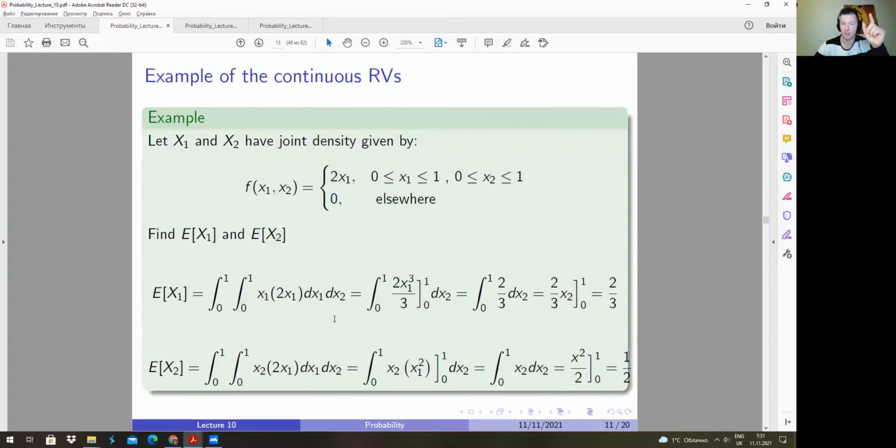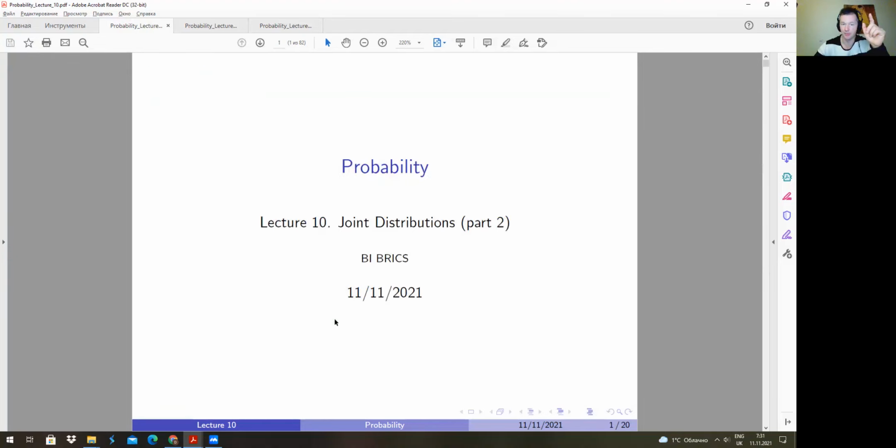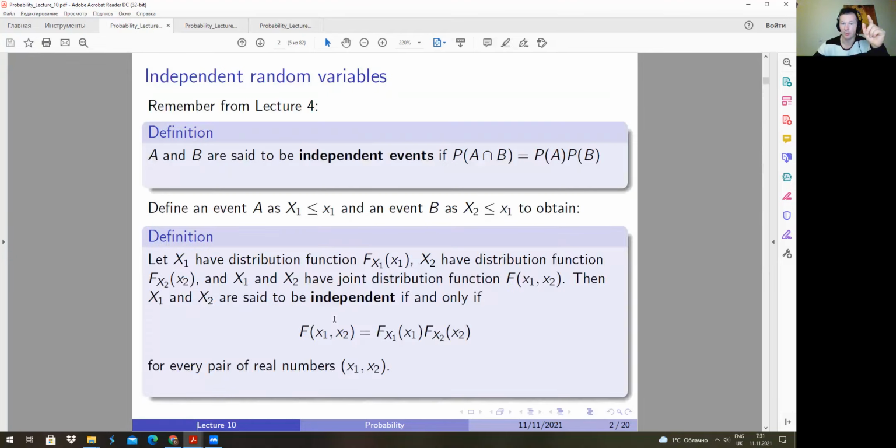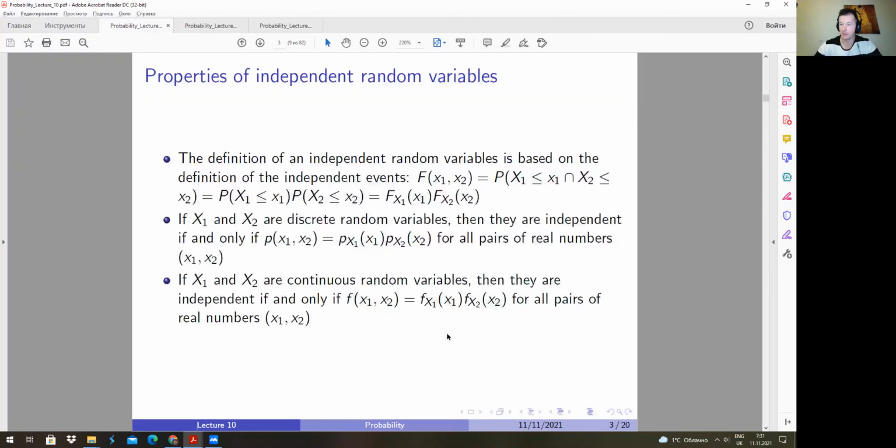And we know that the condition of independency involves the product of either distribution functions or probability density or mass functions. So we are able to call two variables independent only if the product of their probability functions or density functions is equal to the joint function.